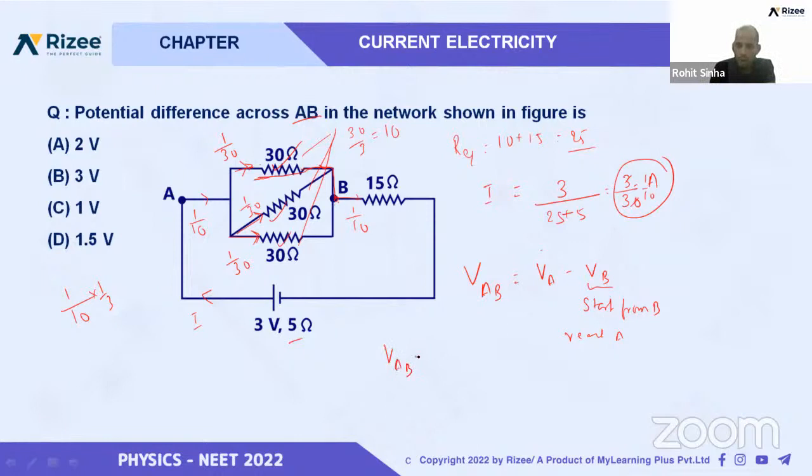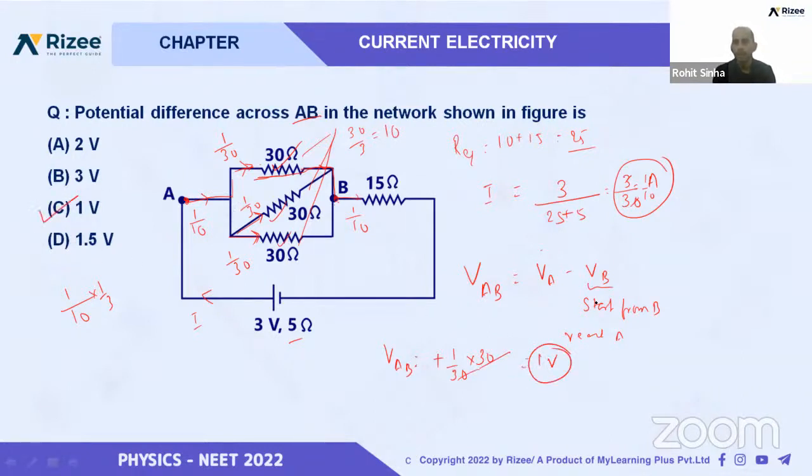VAB is equal to minus 1 by 30 into 30. But it will be positive because we are moving in the opposite direction of current. We will reach the point at A, and that means we will get here 1 volt, and 1 volt will be our answer.